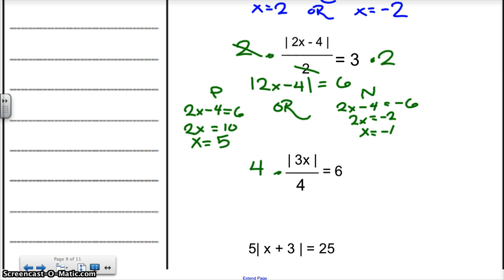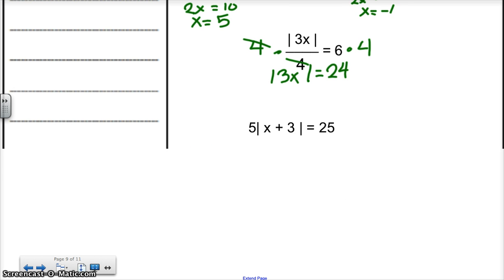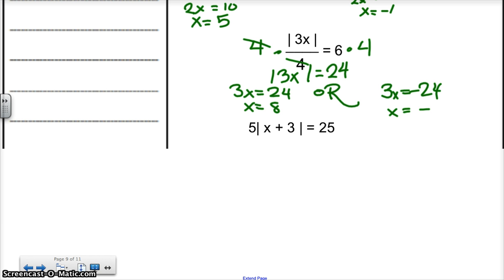A fraction represents division. The opposite of divide is to multiply. Now I get the absolute value of 3x equals 24. Create my cases because the absolute value sign is alone. So I get 3x equals 24 or 3x equals negative 24. X is 8 or x is negative 8.